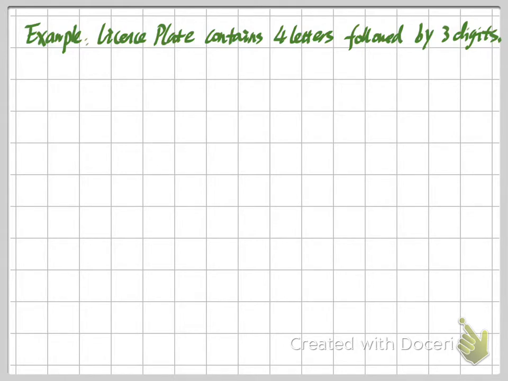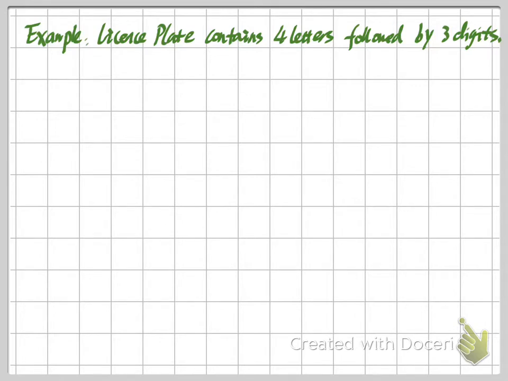Here let's look at the license plates, which we used as an example in our previous lecture on the multiplication rule. This license plate contains 4 letters followed by 3 digits. For the 4 letters, maybe we only use the capital letters. So we'll have 26 choices for each of the letters.